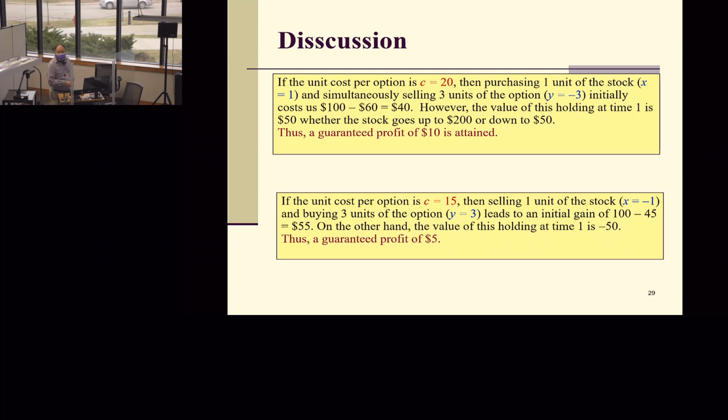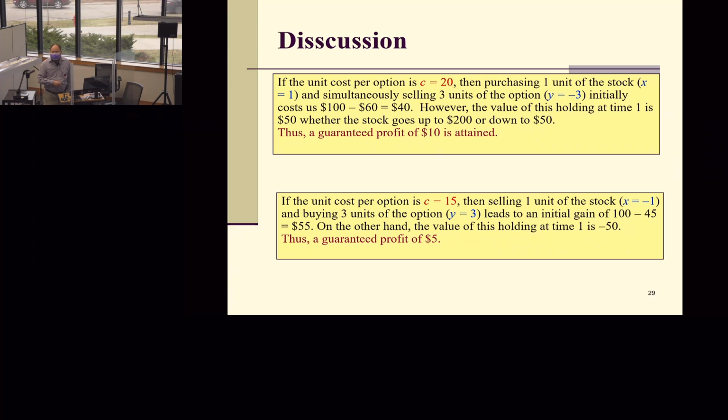Short selling the stock, I have income of $100 minus $45 I'm spending to purchase 3 shares of option. Make sense? In this case, initially I have a profit of $55 at time 0.